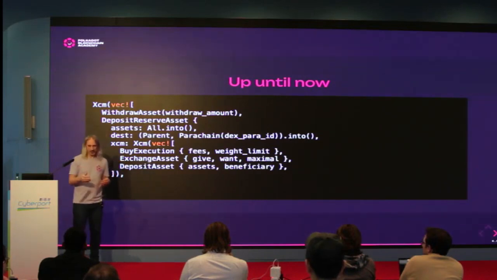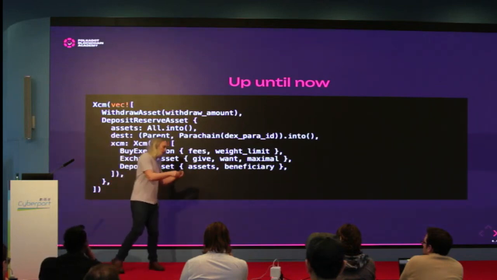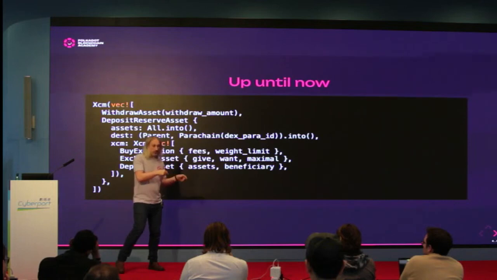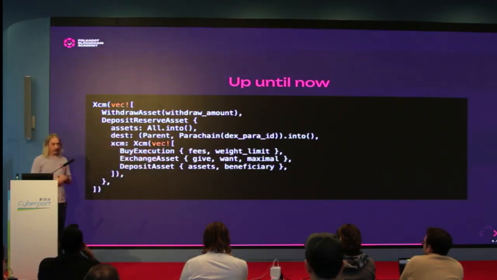And what that says is, if the origin is an account ID that's located on a parachain that I trust, then that account ID is able to be used as a local account ID. Yeah, but I must trust it.